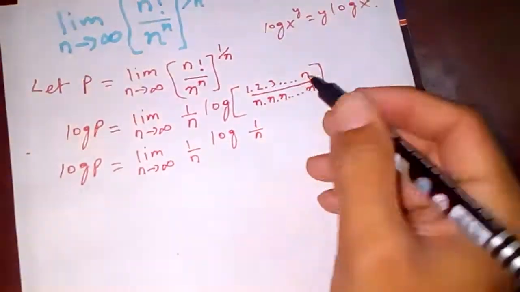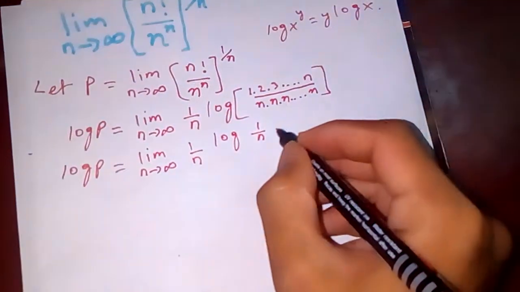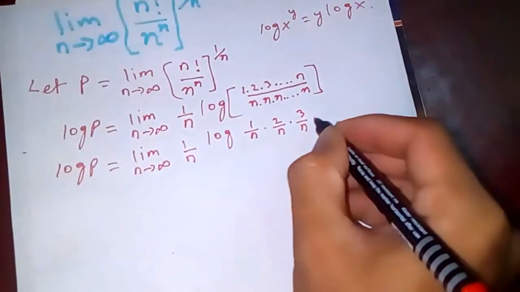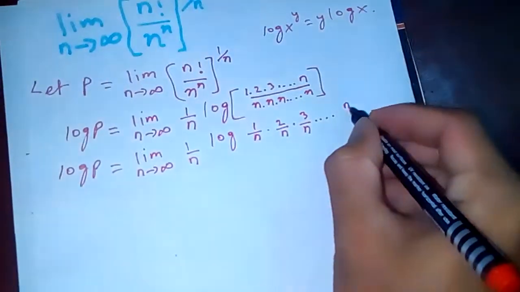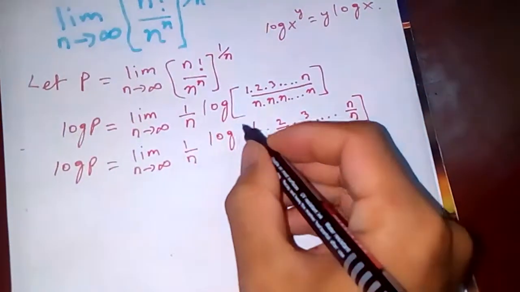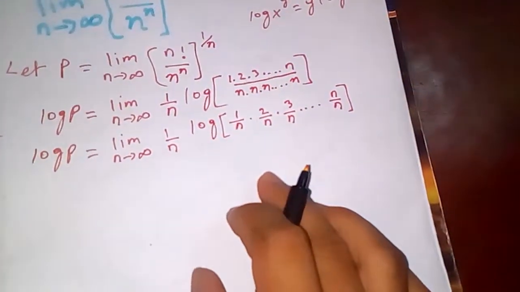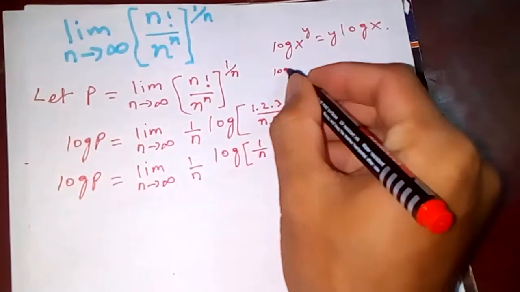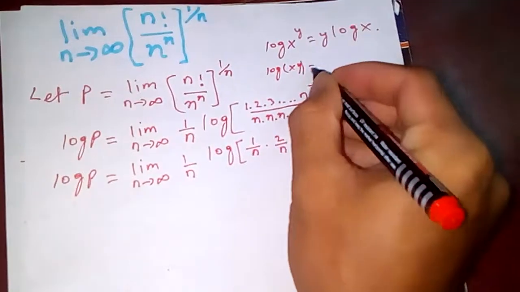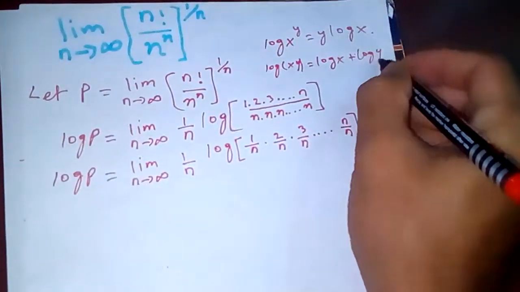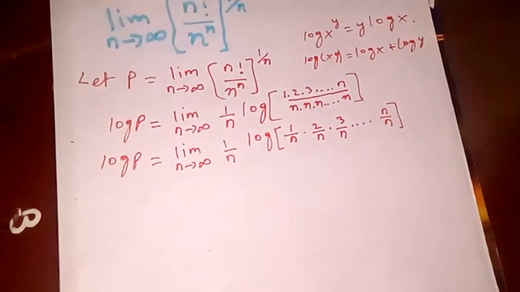Let me divide this to this, and 2 by n, 3 by n and so on up to n by n. Do not cancel these two, okay, because they are different. Now we need to apply this. Log of xy is what? Log x plus log y. So let's use this.